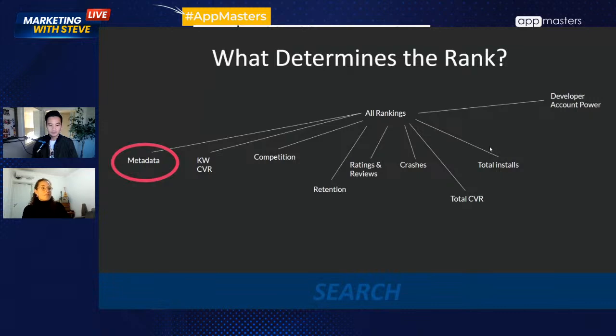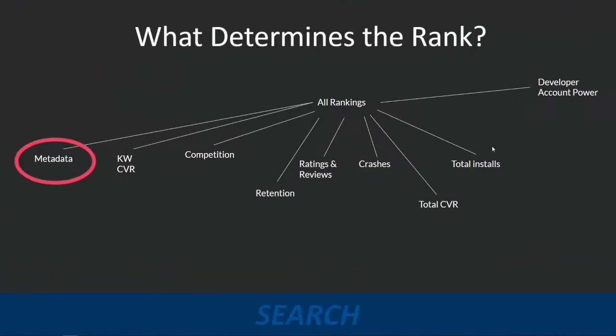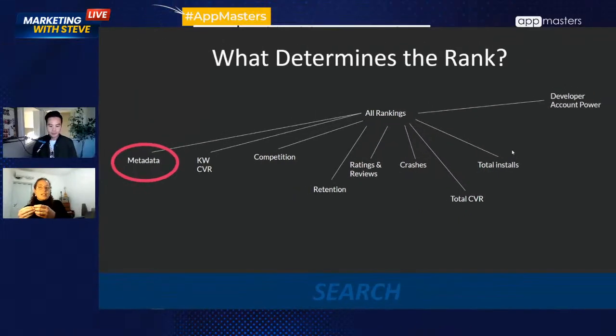If we have everything the same, we have the keyword in the metadata and did everything we could to get ranked for this keyword, then if we increase the amount of total installs, we can increase the rank. So this is how it is tied, and it would be tied to all of your rankings, not just one.